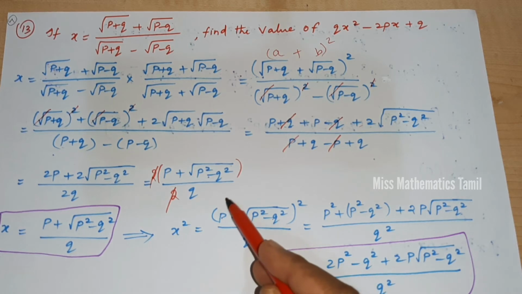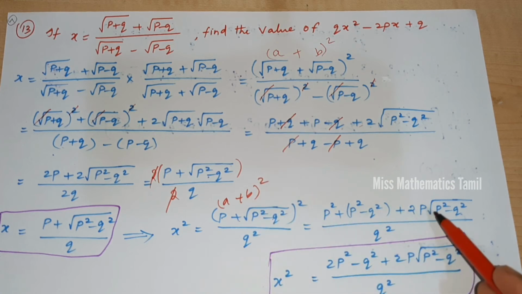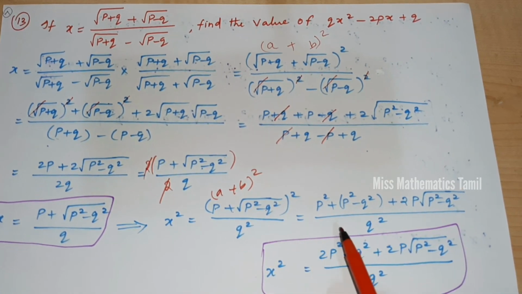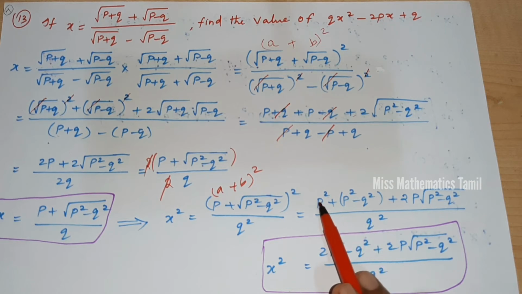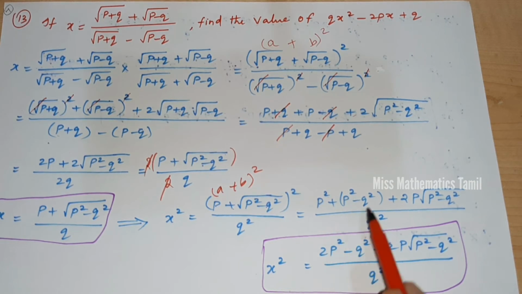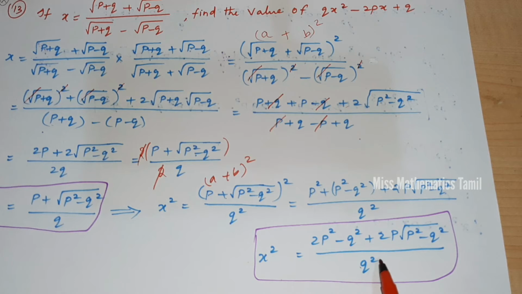Okay, don't worry, this one is a plus b the whole square formula we are expanding. Listen carefully, definitely you can able to do this. Right, next x square is equal to what? 2p square minus q square, see, p square plus p square, plus 2p root of p square minus q square, divided by q square.